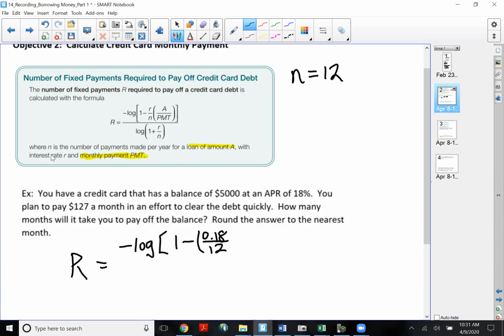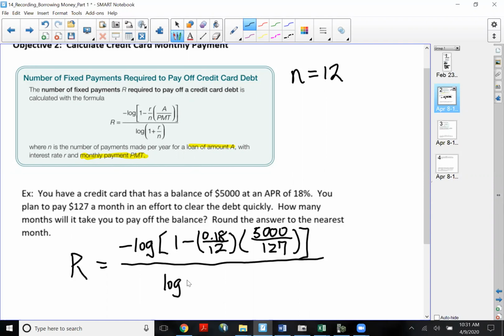N is the number of payments made per year, which is always 12, and times capital letter A, which is 5,000, the amount of the loan, divided by my monthly payment that I'm planning on making, which is 127. Close the bracket, whole thing divided by the logarithm of 1 plus 0.18 over 12.